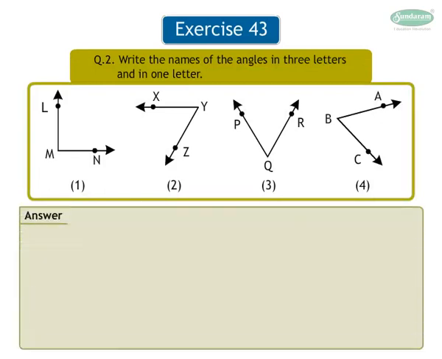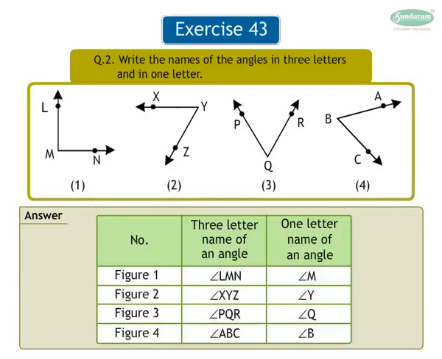Answer. Number 1. The three-letter name of figure 1 is angle LMN and one-letter name is angle M. Number 2. The three-letter name of figure 2 is angle XYZ and one-letter name is angle Y. Number 3.